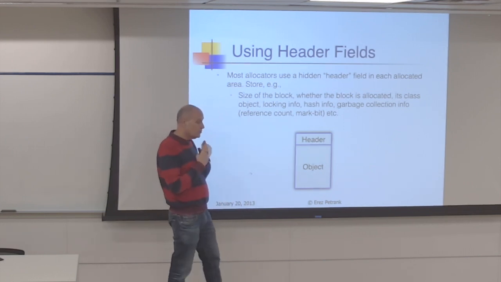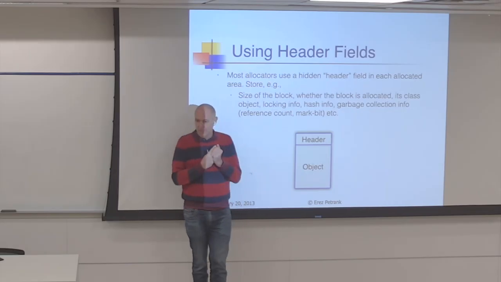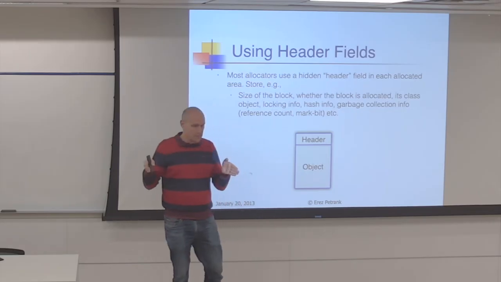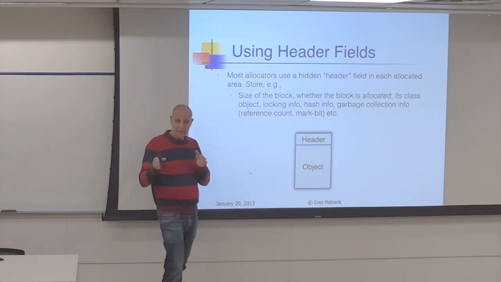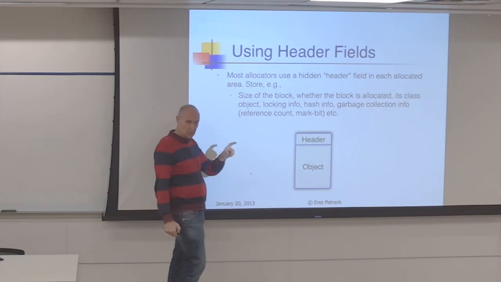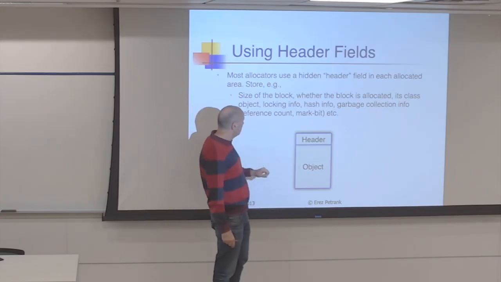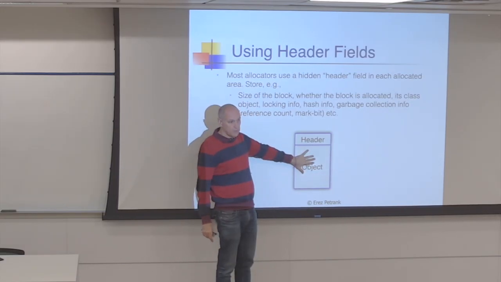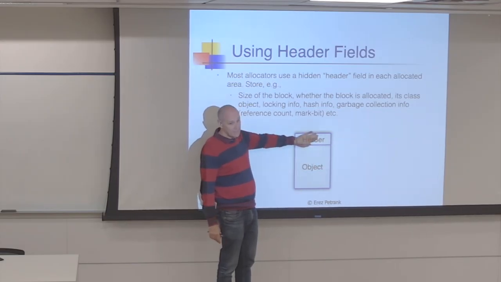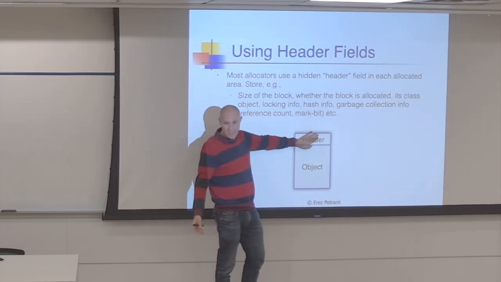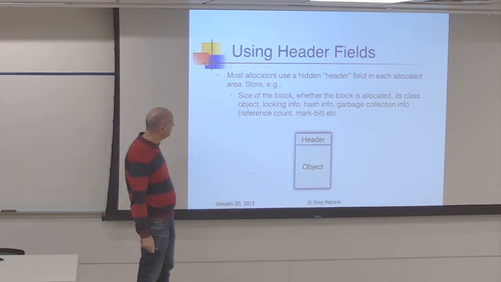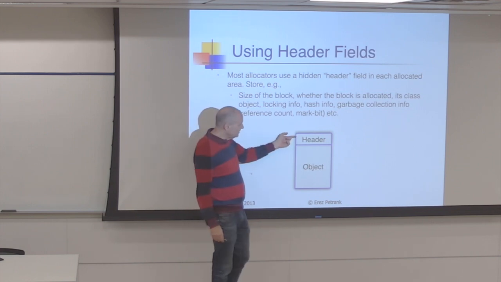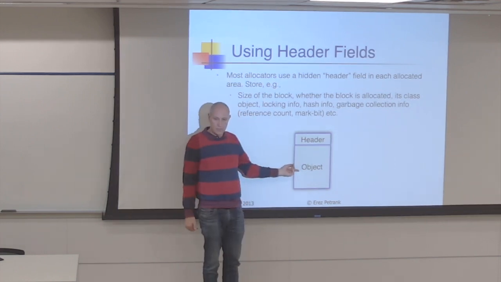And I want to stress, maybe I said it in the first lecture, there's always a header. Whenever you're allocating an object, the system will allocate more than the space you asked for, and you will use it for its own information. So you want to allocate 24 bytes. There will be at least 8 or 16 bytes added to that will be actually allocated on the heap. At least you want to keep the size of an object so you can free it when you need to free.